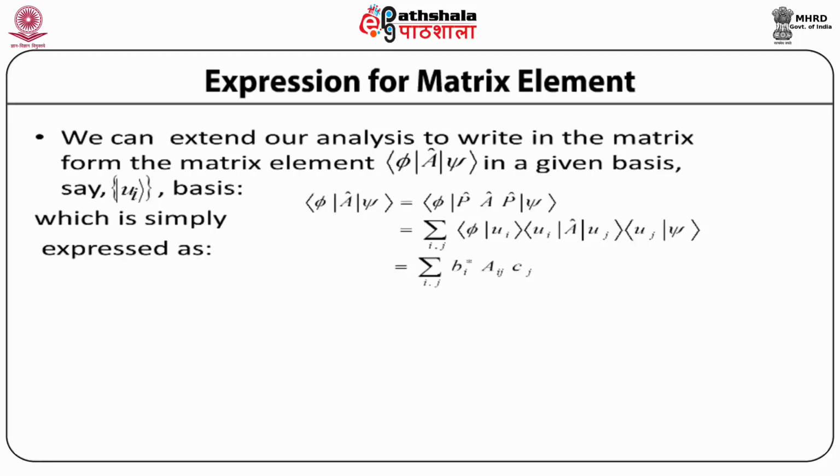And thus we finally have ⟨φ|A|ψ⟩ = Σ_ij b_i* a_ij c_j, where b_i* are the row matrix, a_ij is a square matrix, and c_j is a column matrix, and this can be represented mathematically by the equation ⟨φ|A|ψ⟩ equals the row matrix b_1*, b_2*, and so on, b_i*, and so on.